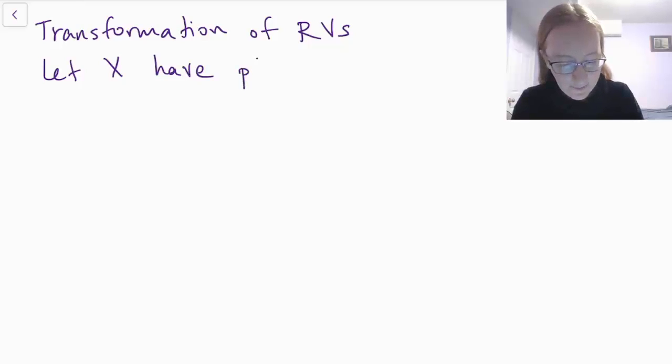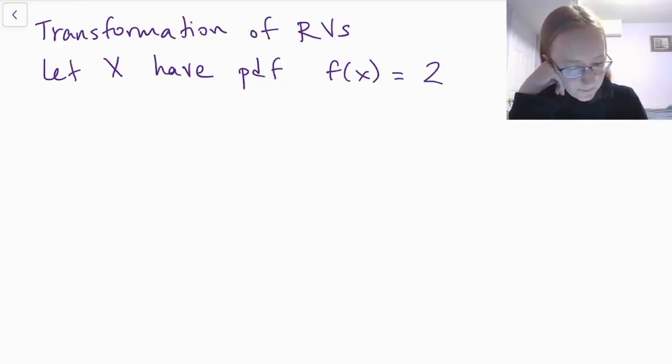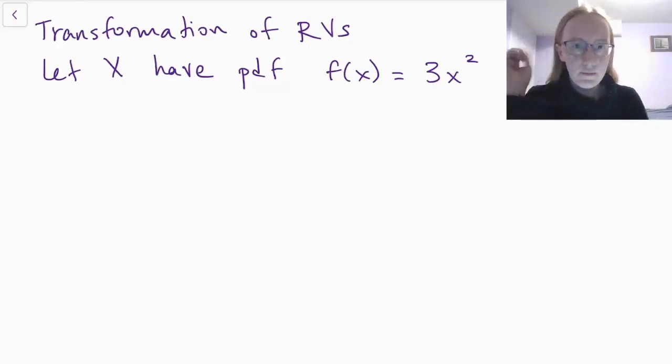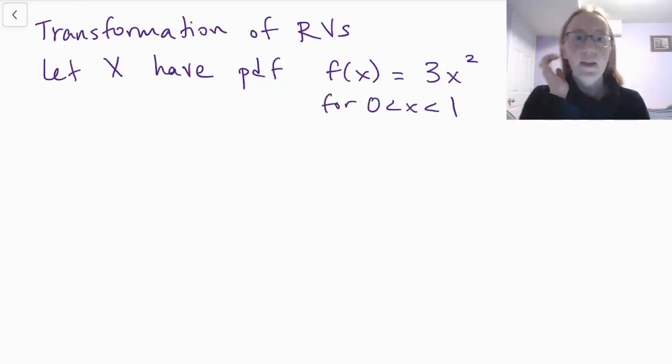Let X have PDF little f of x equals 3x squared, for 0 less than x less than 1.